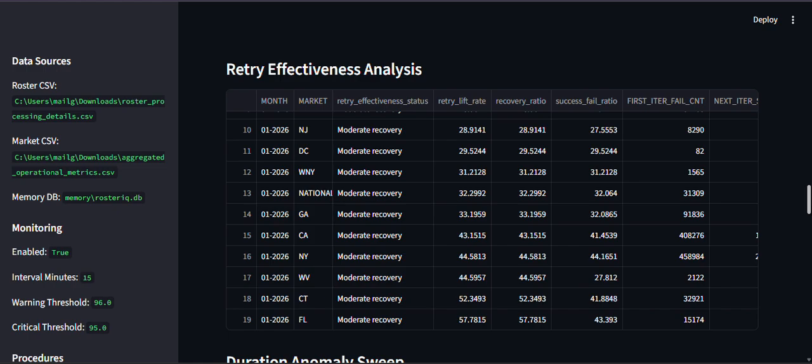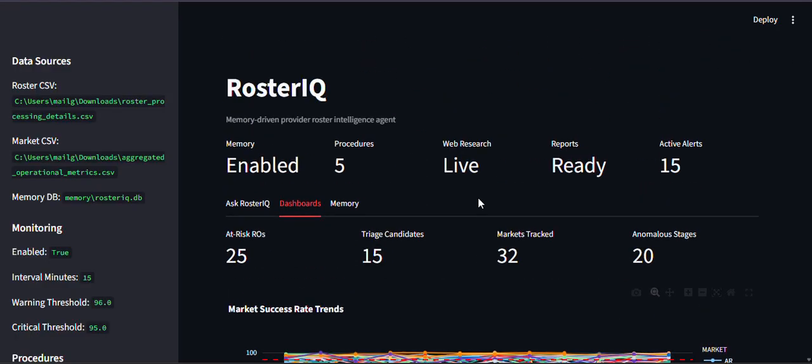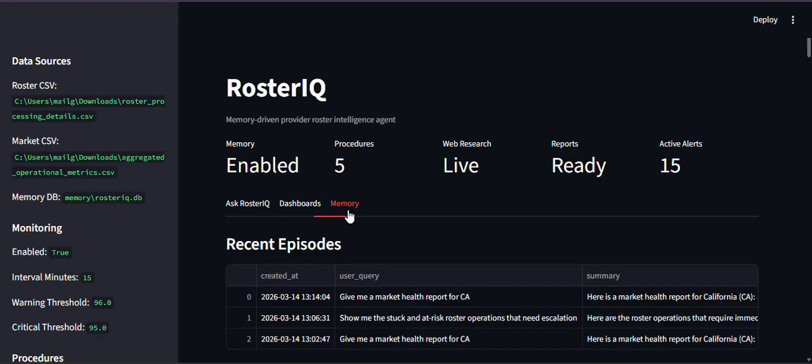The third part of our UI is the memory tab. This is where the user can inspect what the agent has learned over time: the previous investigations, entity history, the stored procedure and alert history, and semantic concepts are all available in this tab.